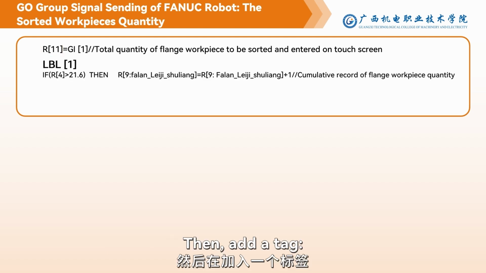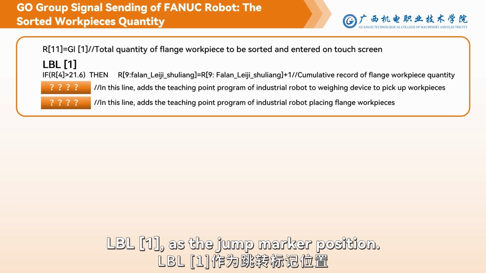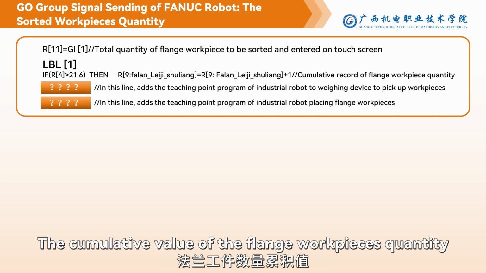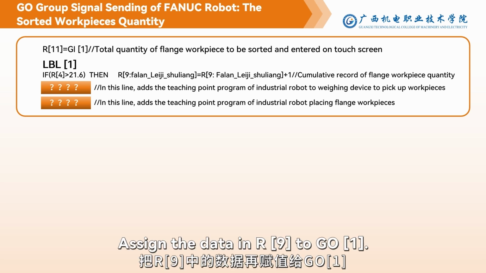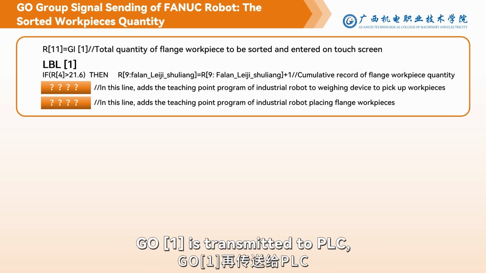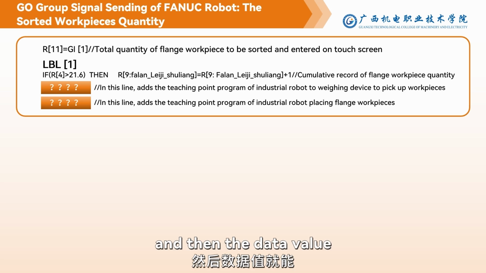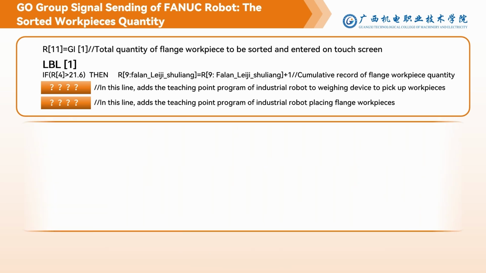Then add a tag LBL1 as the jump marker position. The cumulative value of the flange workpieces quantity is in R9. Assign the data in R9 to GO1. GO1 is transmitted to the PLC, and then the data value can be displayed on the touch screen.